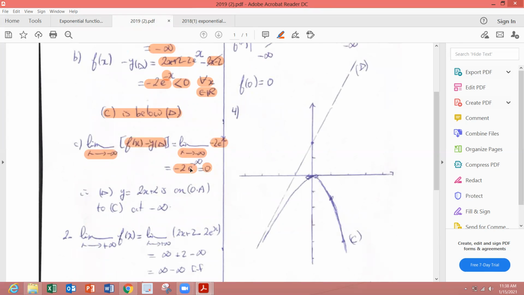Because if we put plus infinity it will not give 0, but at minus infinity it will be 0. Therefore, line delta y equal to x plus 2 is an oblique asymptote to C at minus infinity only. At plus infinity, no.